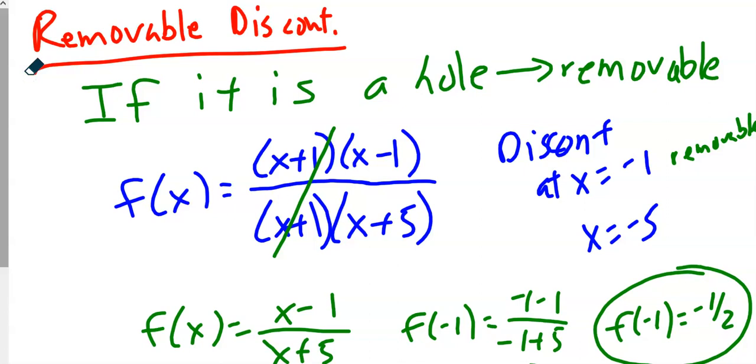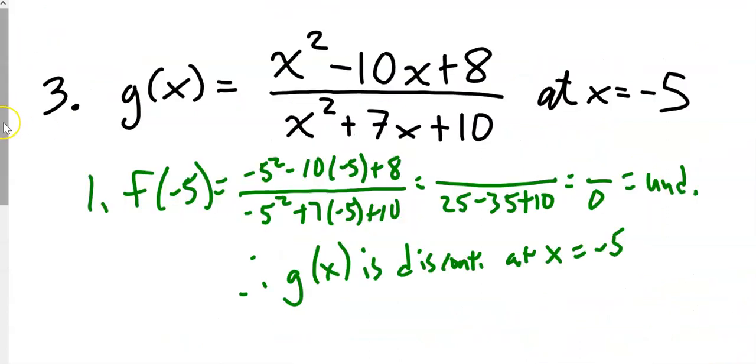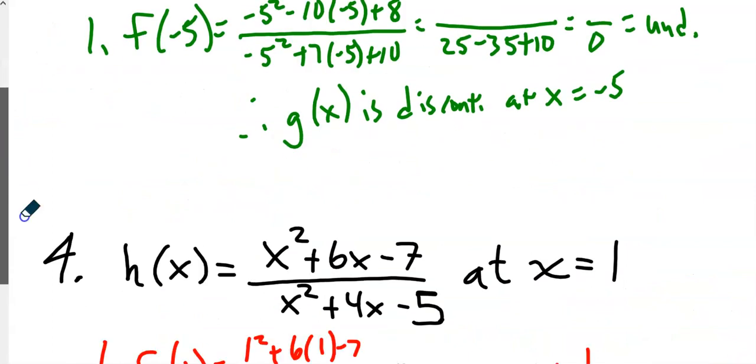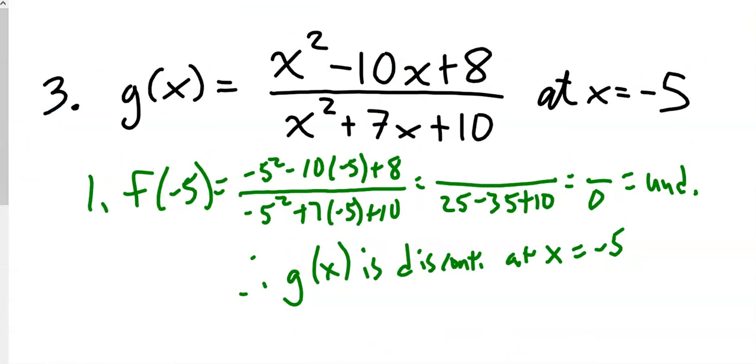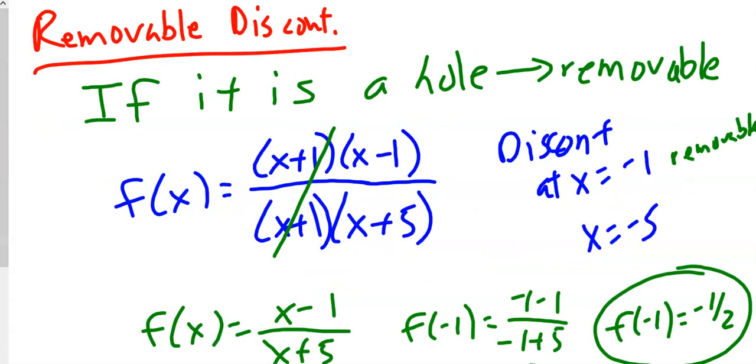Whenever you have examples like we just did, 3 and 4, when it's discontinuous, it is either a hole or an asymptote. A hole is considered a removable discontinuity. So when do you have a hole versus an asymptote?